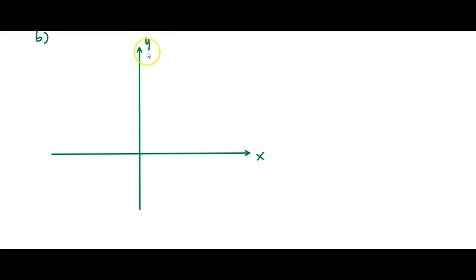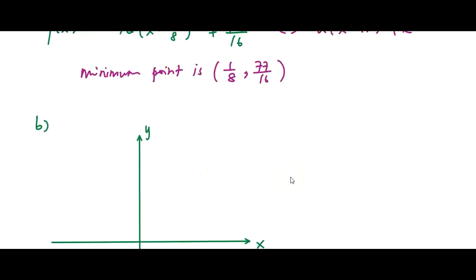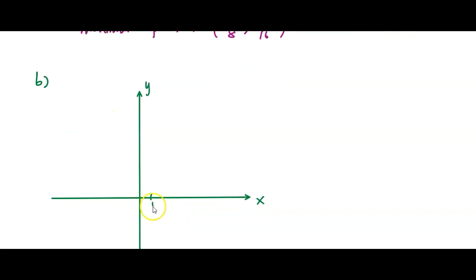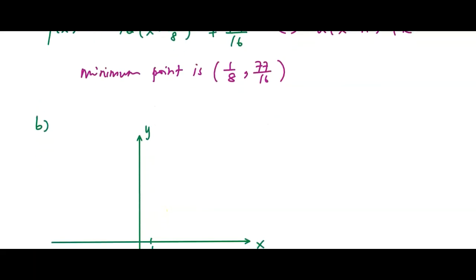To sketch your graph for question B, we need to have our Cartesian plane. To sketch the graph of this, we just plot the x as having the 1/8 unit, and 77/16. This value is roughly 5. I will just put it here as a 5.